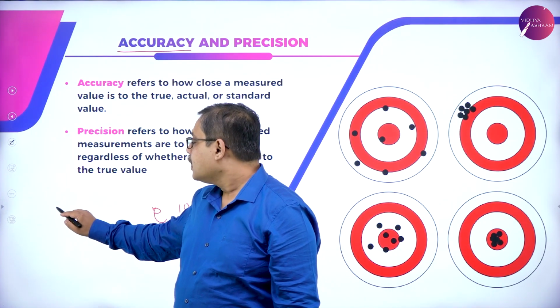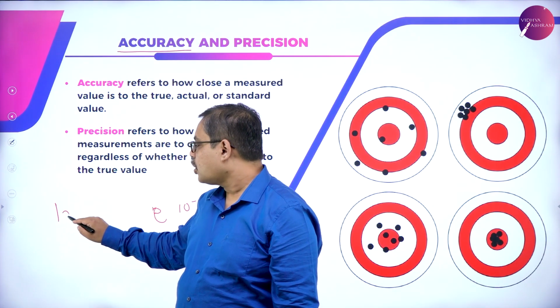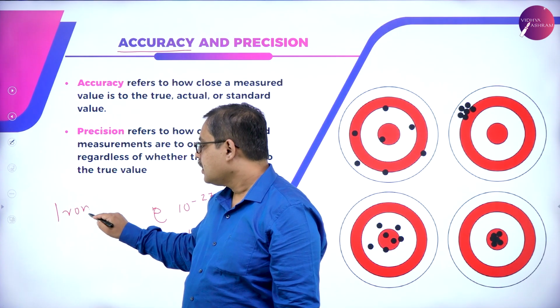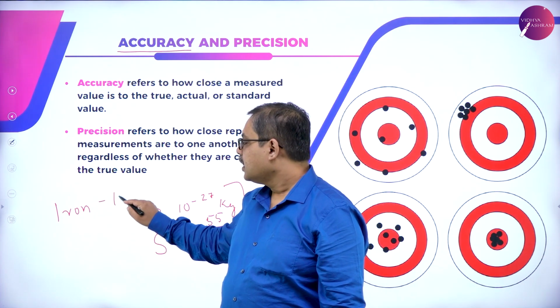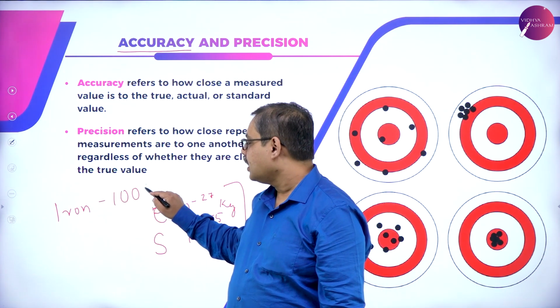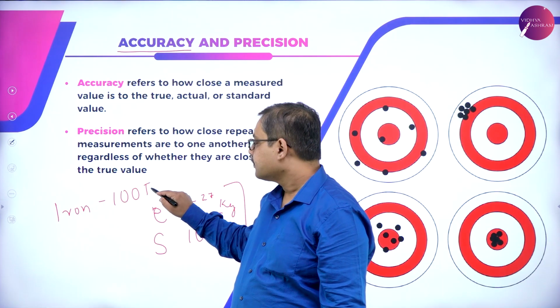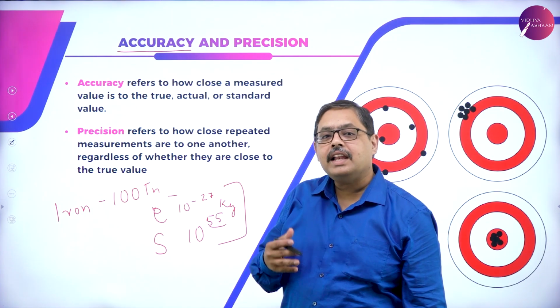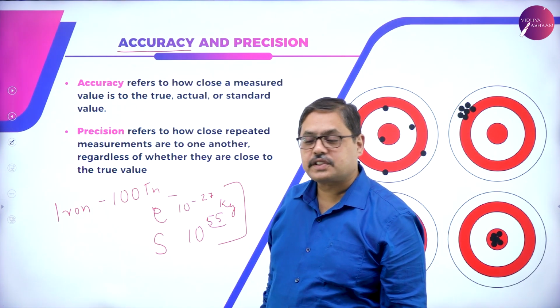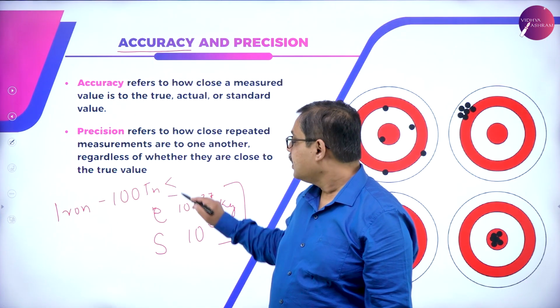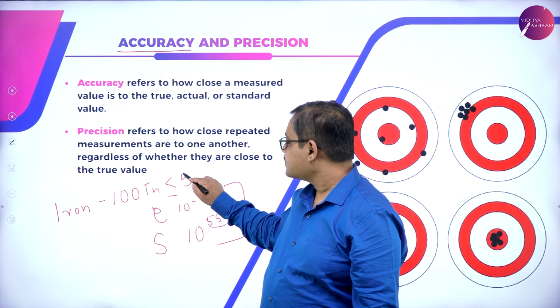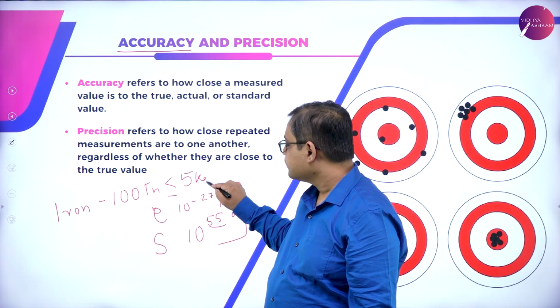You go to an iron shop or a steel shop to purchase steel, the raw steel for construction of a house. Probably you may take around 100 ton of steel. While you are measuring those 100 tons of steel, neither you nor the shopkeeper will be worried if the variation of weight is say around 5 kg.